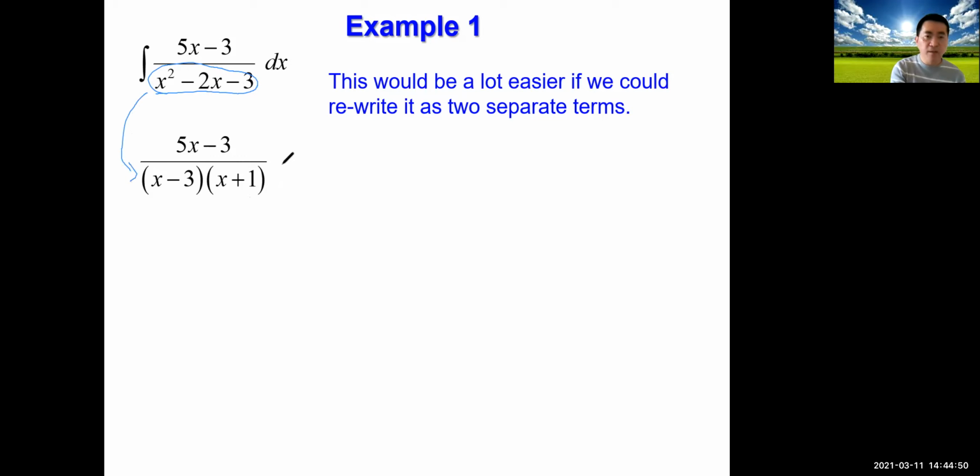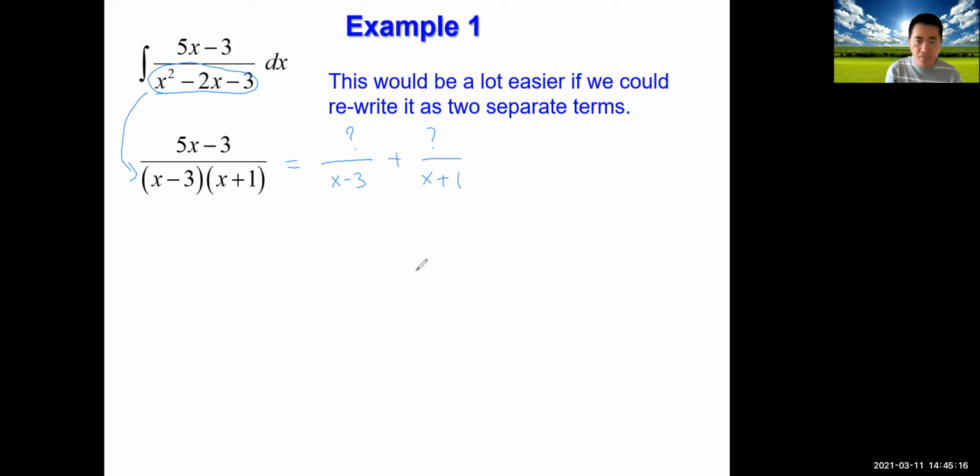After we do, then I know that it must be something over the smaller denominator, and then something over the second smaller denominator, where you're trying to figure out what will add up to this. See, the analogy here is similar to the fractions with numbers.